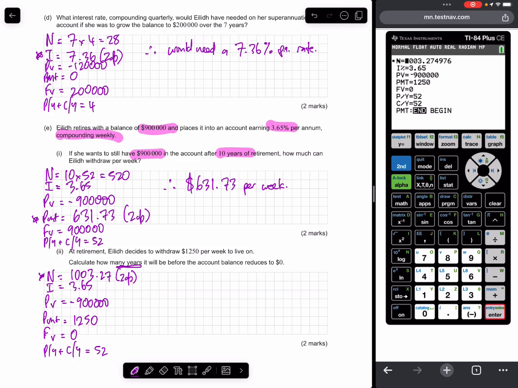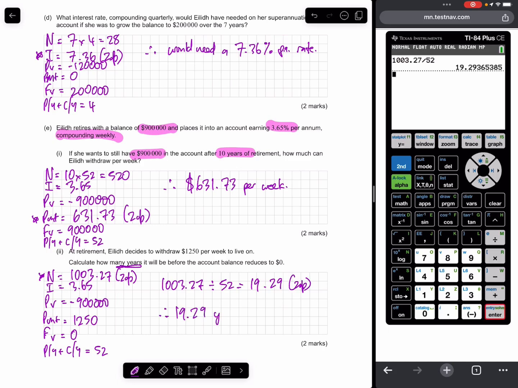So I know how many weeks, but how many years? 1,003.27 divided by 52. 19.29 to 2 DP years. Therefore, 19.29 years to reach $0.